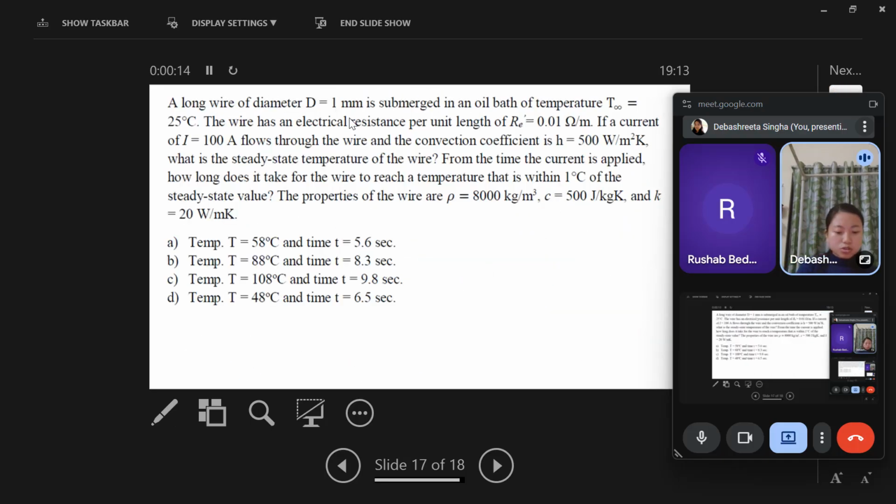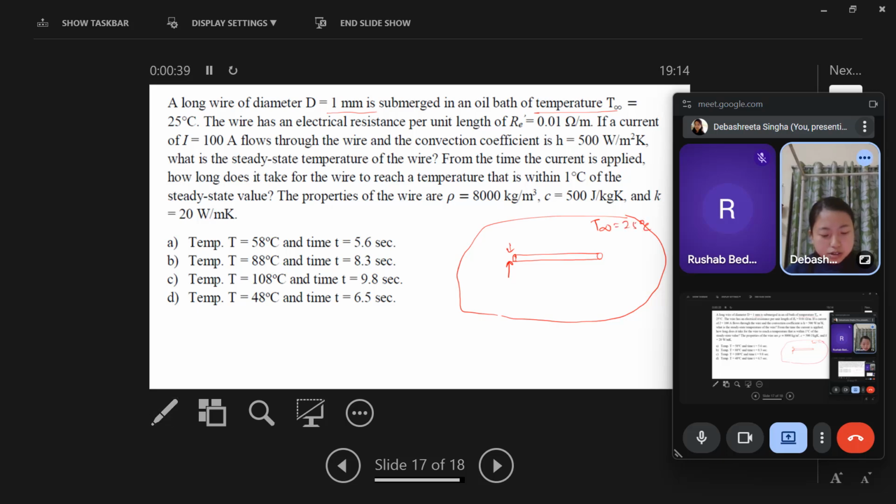So this is the last question of today's class. A long wire of diameter 1 millimeter is submerged in an oil bath of temperature T infinity. So this is an oil bath and a long wire of diameter 1 millimeter. T infinity is 25 degrees Celsius.